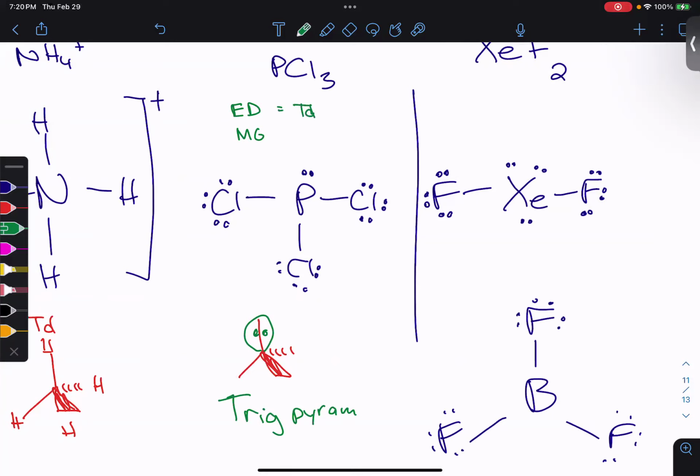But then they'll count 3 bonds and say, oh, that is trigonal planar. No, that lone pair is still there. You just can't see it, right? So these two shapes have to template on each other. Your molecular geometry is always templated on the electron one. So this one is incorrect. It's actually trigonal pyramid, right?